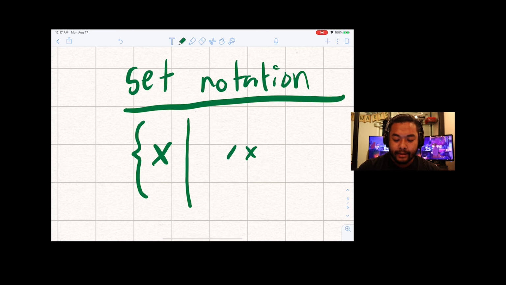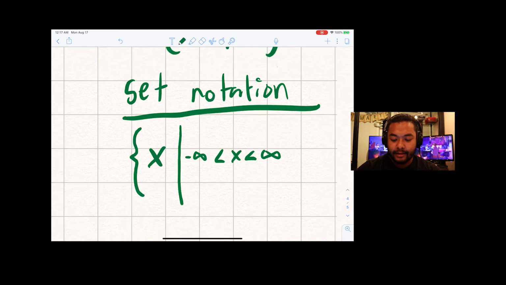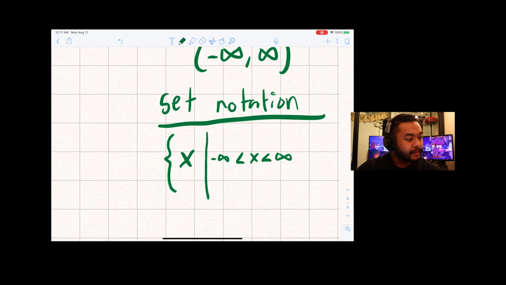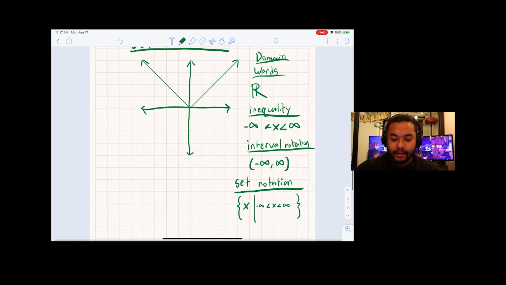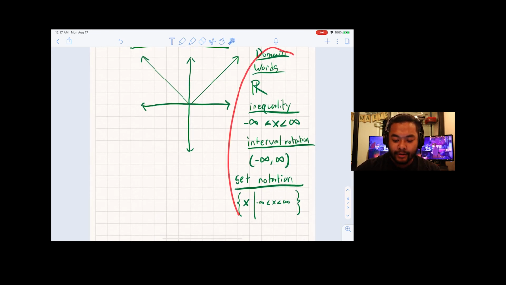X is greater than negative infinity, and x is less than positive infinity. That's it. And then another set of squiggly brackets. This is set notation. So all these things here are saying the same exact thing.